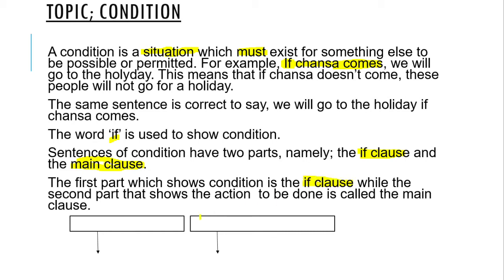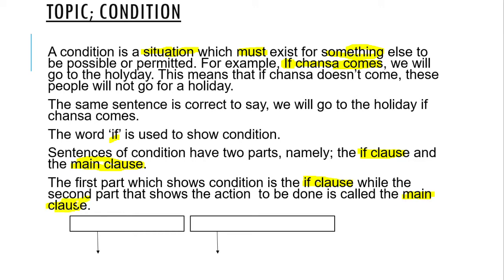Then the second part shows the action to be done, something else to be possible or permitted. The part that shows that is what we call the main clause. So we have the if clause and the main clause.